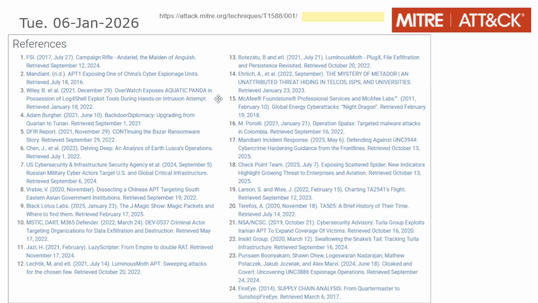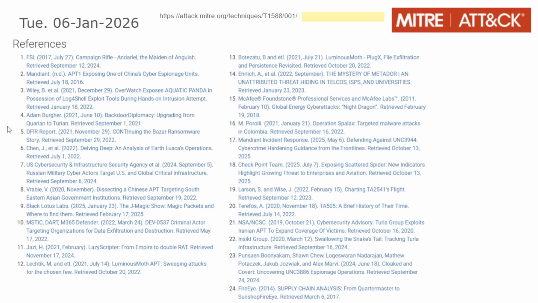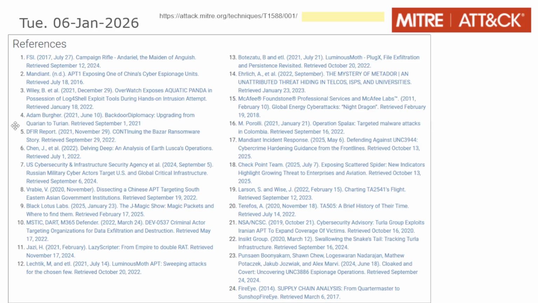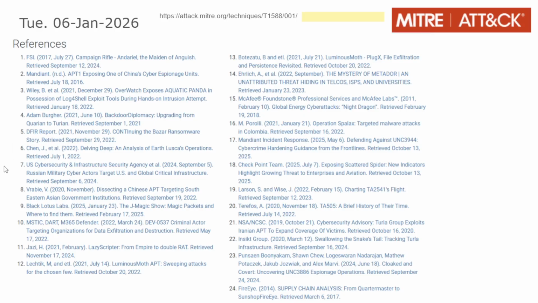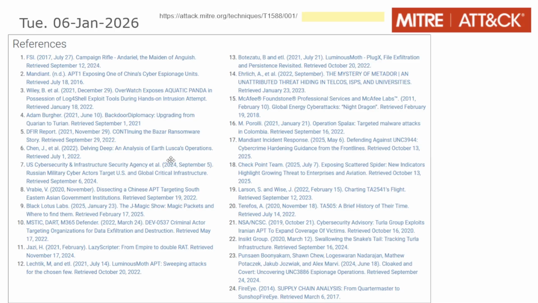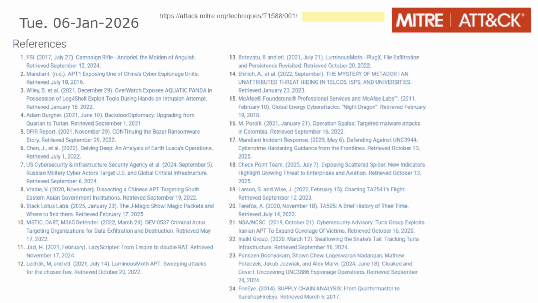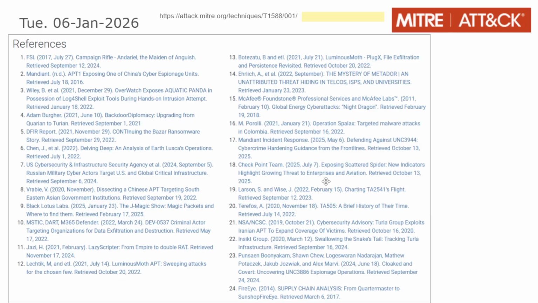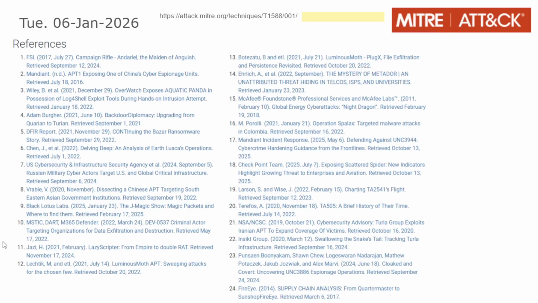Then here Aquatic Panda, Adam Berger, Backdoor Diplomacy, Digital Forensics, Incident Response Report, Ransomware Stuff, Delving Deep in Analysis of Earth Lusca's Operations. I want to see one source here that is talking about marketplaces and vendors and third parties.